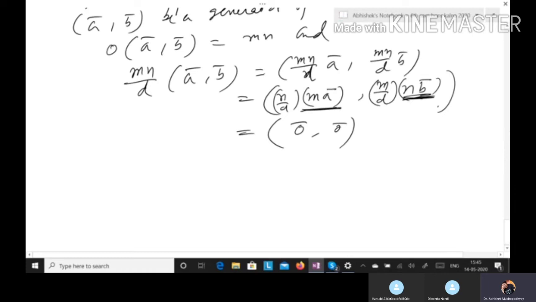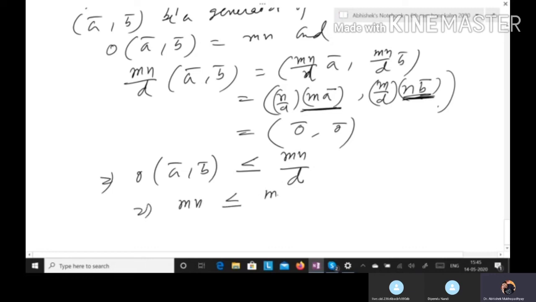So for that reason, the order of A class B class must be less or equal to Mn by D. But what is the order of A class B class? It is Mn. So Mn is less or equal to Mn by D, which means Mn by D is also less or equal to Mn, for D divides Mn.